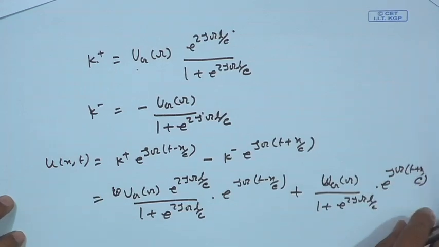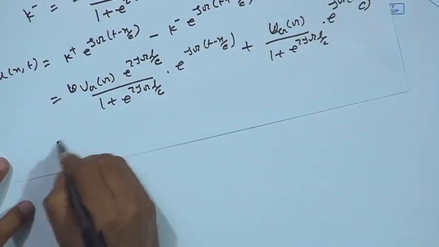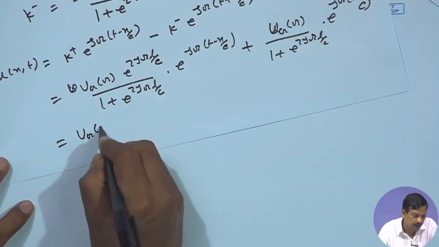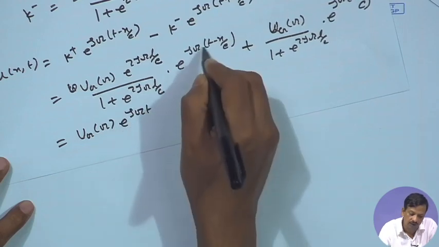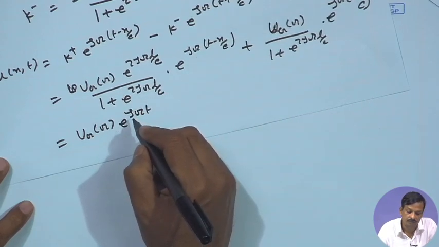Now, u g omega is common, and e to the power j omega t will be the same.